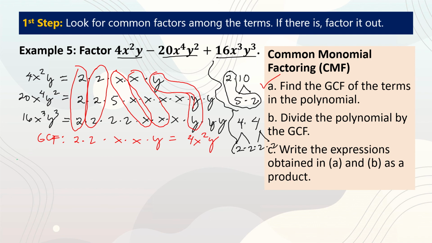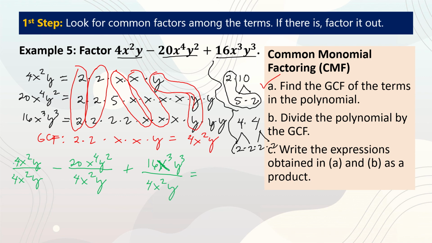So it would look like 4x squared y divided by 4x squared y, then minus the second term, 20x to the power of 4 y squared, divided by the GCF, 4x squared y, plus the third term, 16x cubed y cubed all over 4x squared y.